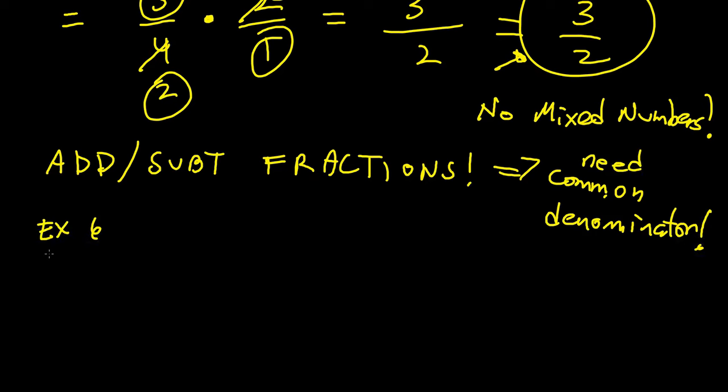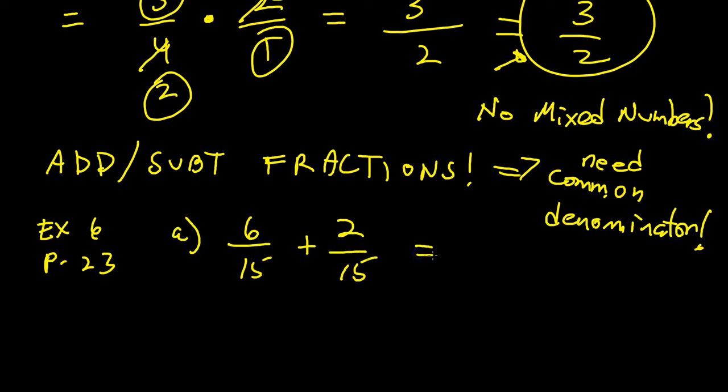All right. Well, let's jump right in and do some examples in the book. We've got example 6 on page 23. Example 6a says add 6 15ths plus 2 15ths. Well, we already have a common denominator in this situation. So, when that happens, I just add or subtract the numerators as indicated. 6 plus 2 is 8, and retain the same common denominator, right?